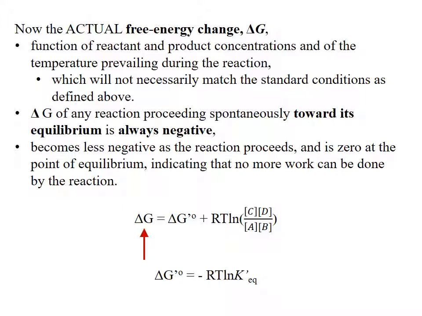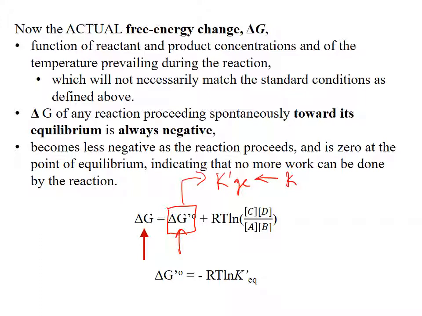Now the free energy change, the delta G. It's actually a function of the product over the reactant, and that relationship is dynamic during the chemical reaction. Therefore, delta G changes during the chemical reaction, whereas delta G prime 0 depends on an equilibrium constant, and this is a constant, okay? This does not change. Therefore, this number is a constant for a given chemical reaction.